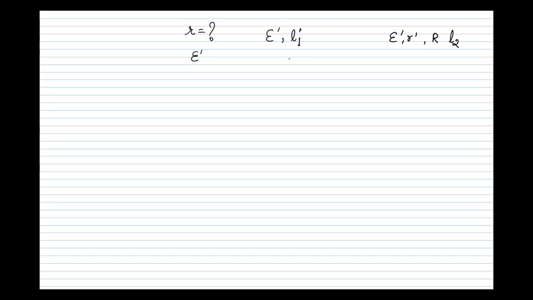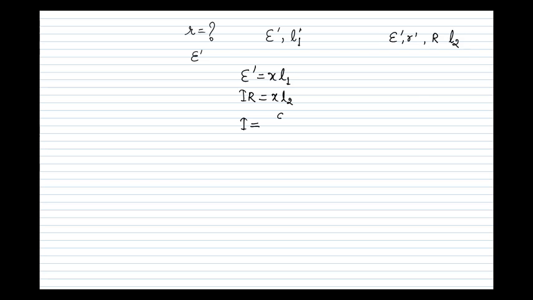From the first arrangement, if the cell is used, the balance length is L1, so we can write down that E dash is equal to XL1. In the second one, we are using the cell as well as external resistance, so IR is equal to XL2. Now we can calculate this current very easily.